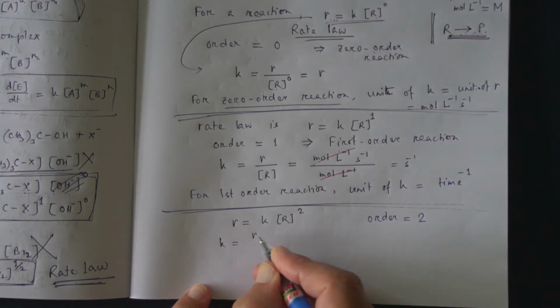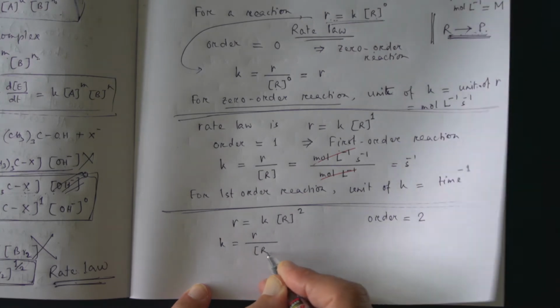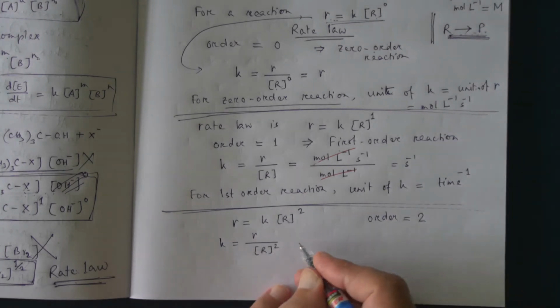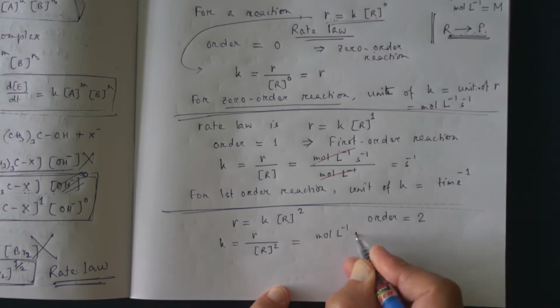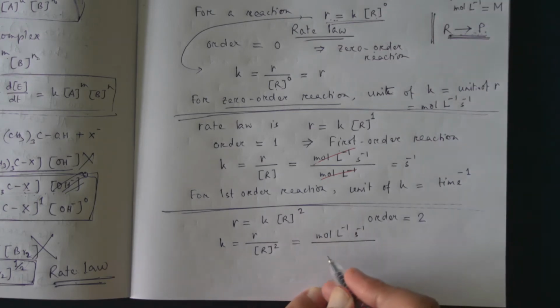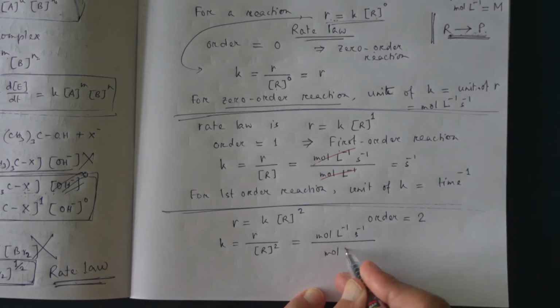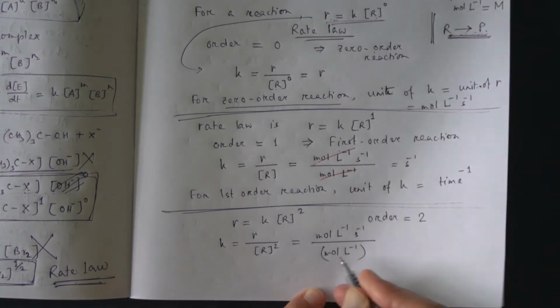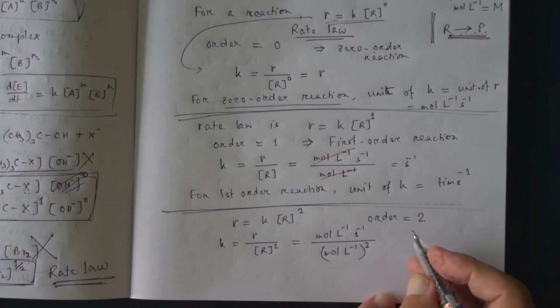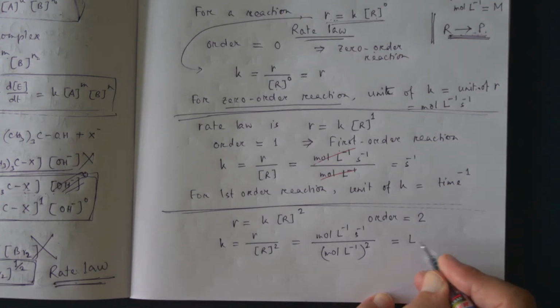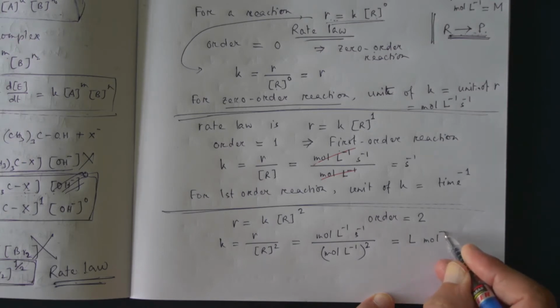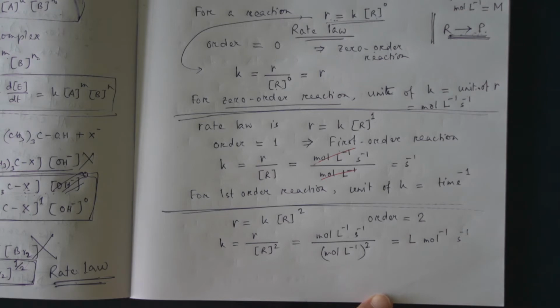As before, K is equal to R by C square. This is mole per liter per second, and this is mole per liter square. So ultimately unit will be liter per mole per second. Okay, liter per mole per second.